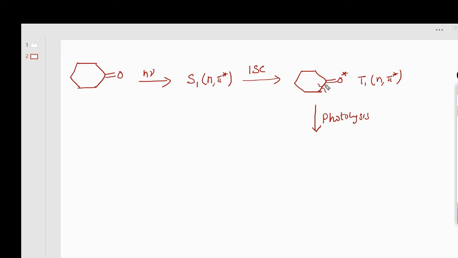So I break this one. So what you get is a radical, and here another radical. So till here it is referred as primary process. So all the photochemistry happens here.